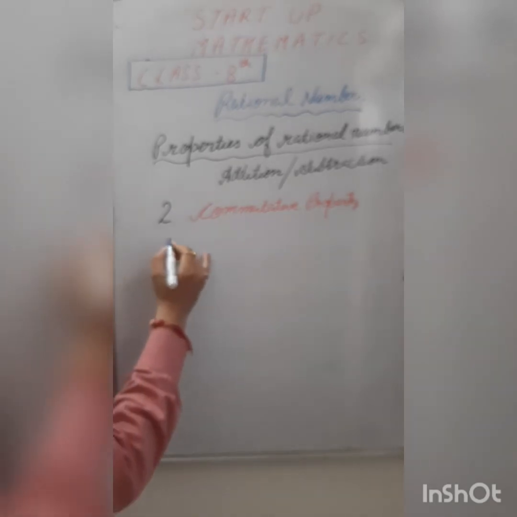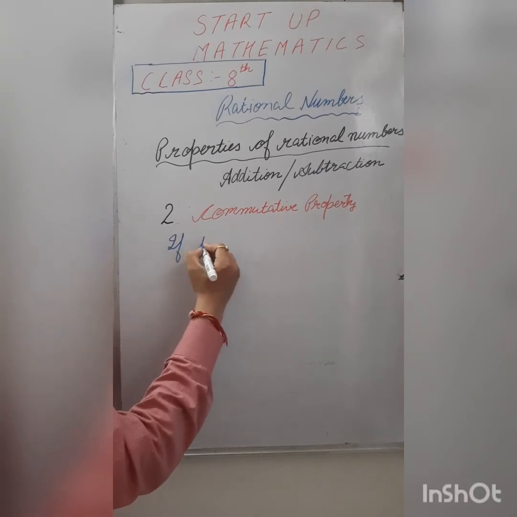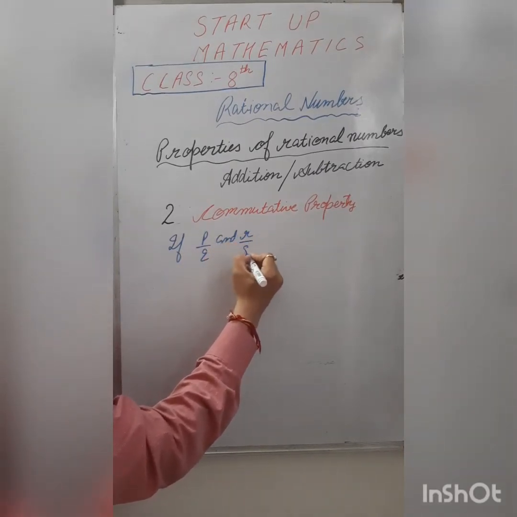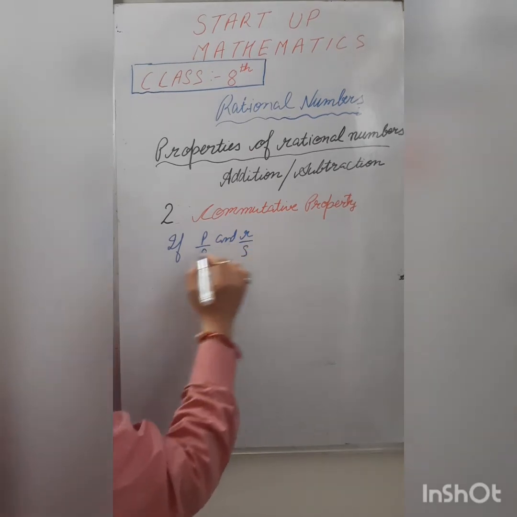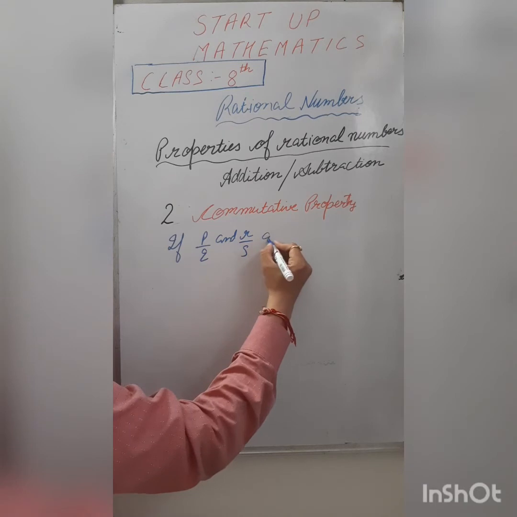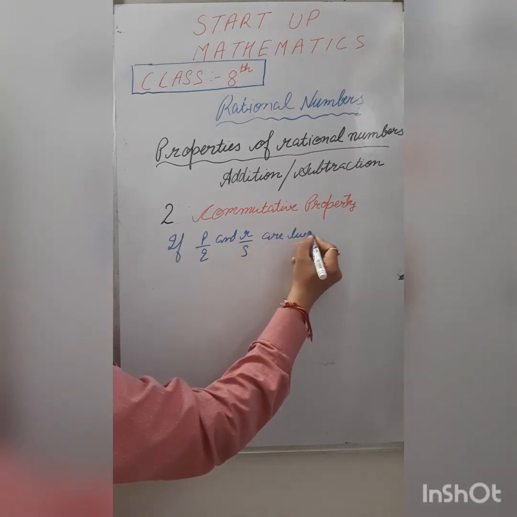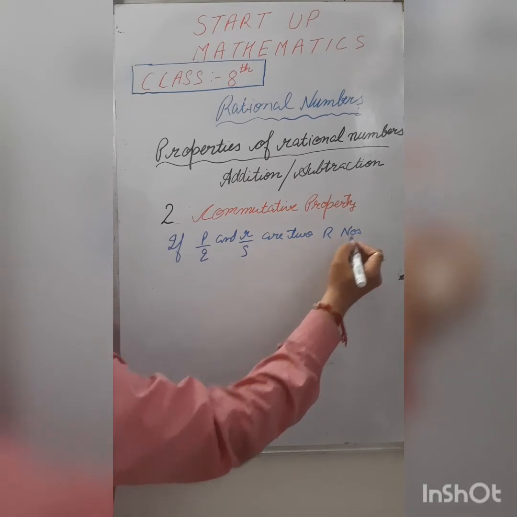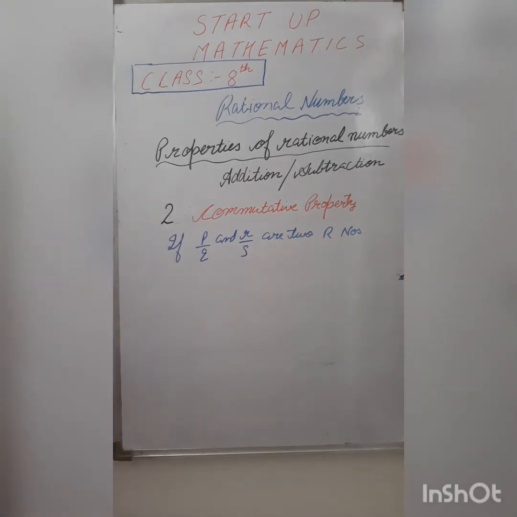Let's suppose if I have two rational numbers, again I take P by Q and R by S. If P by Q and R by S are two rational numbers, you can add these two rational numbers in any order.